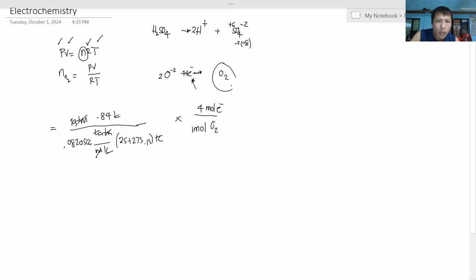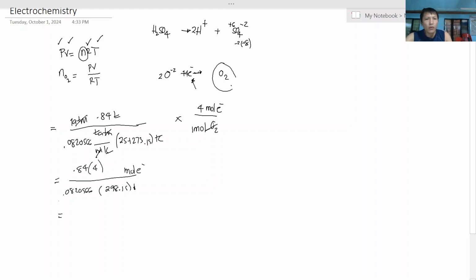As you can see, that is already solved. Your unit now is mole of electrons, which is what the problem is all about. So the upper part would be 0.84 times 4 all over 0.082056 and 298.15, no units. So the unit now is mole of electrons.